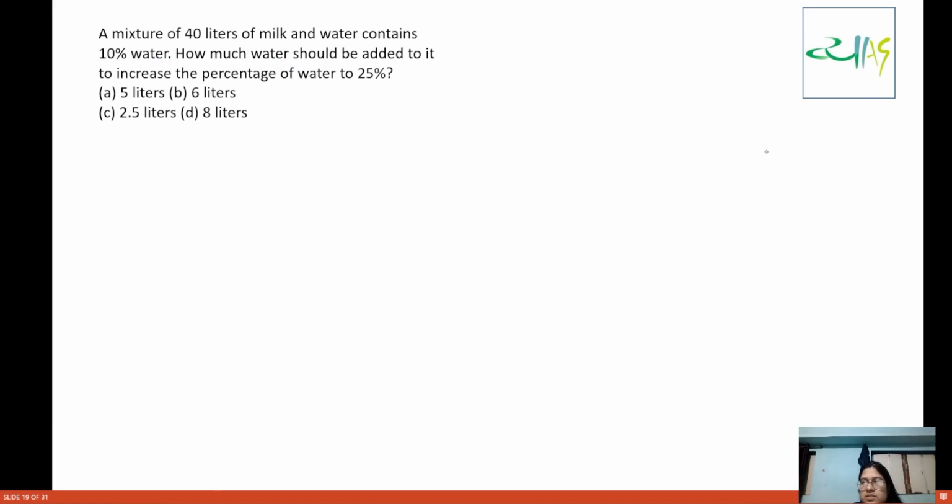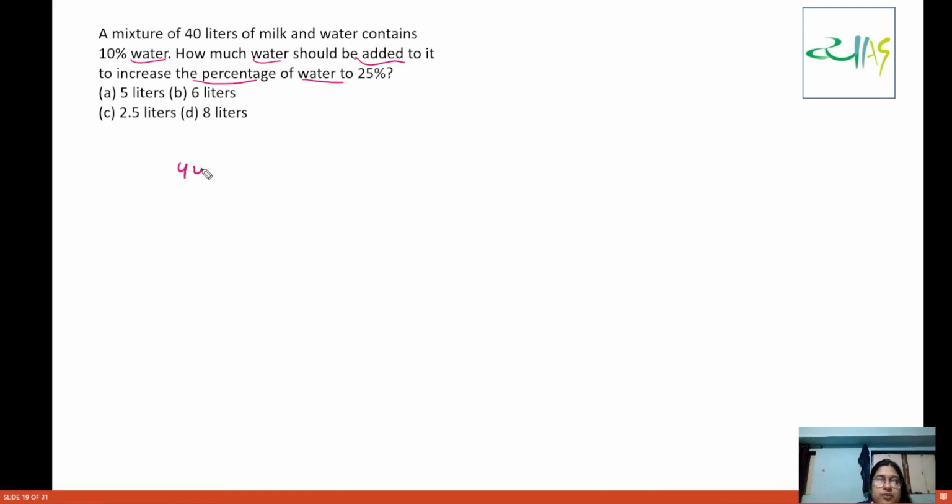Guys, look at this question. What this question is saying, a mixture of 40 liters of milk and water contains 10% water. How much water should be added to it to increase the percentage of water to 25%? Now, see, this question is very simple. Even without allegation we can do this question.